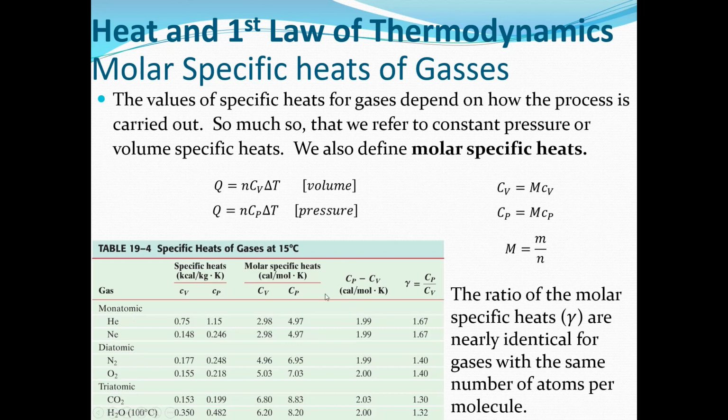And not only that, if we divide these two terms, we get this ratio, which we call gamma, which is always the same based off of how many atoms are in the molecule. So monatomic gases all are given 1.67 as a specific heat ratio. Diatomic are all 1.4 and triatomic are all 1.3.